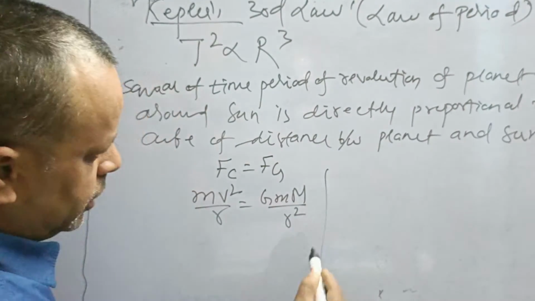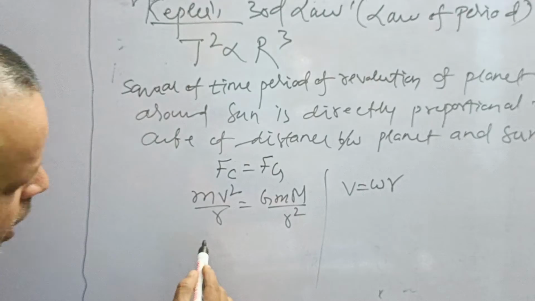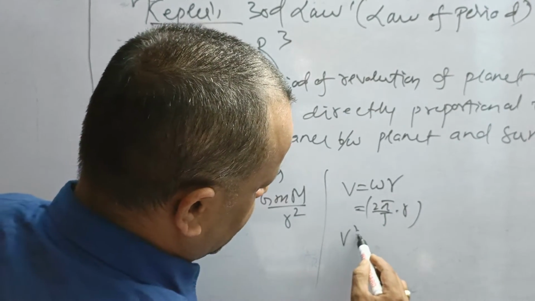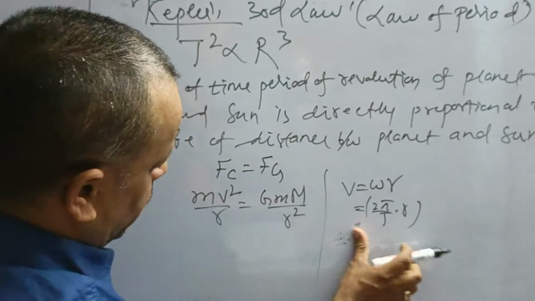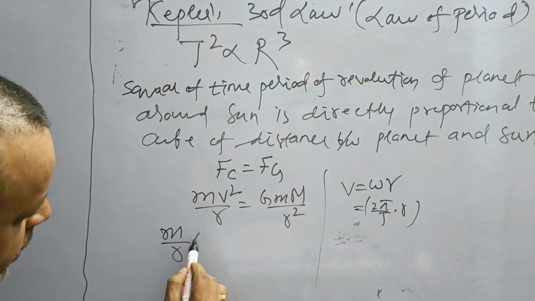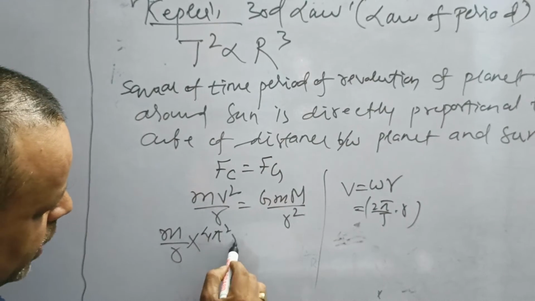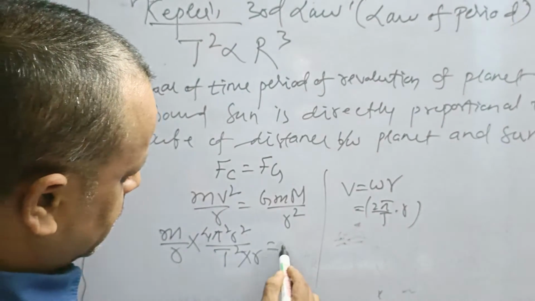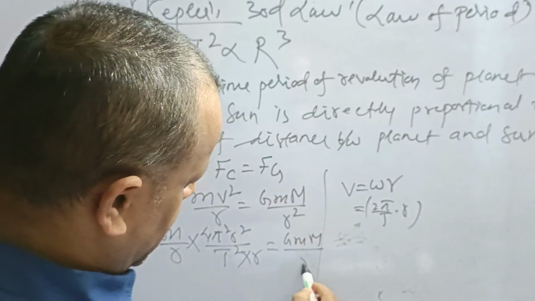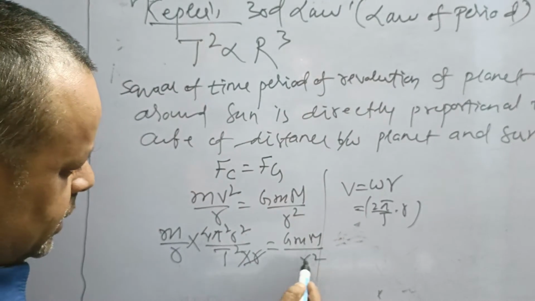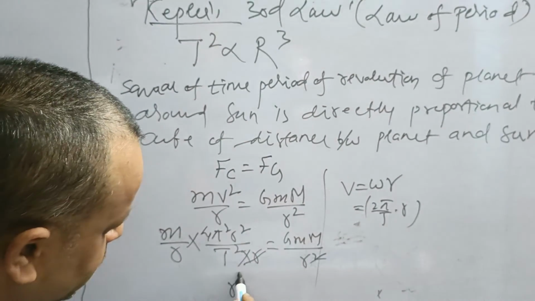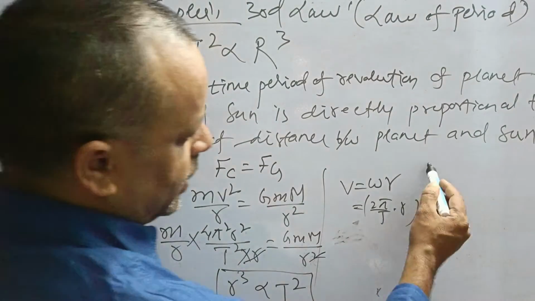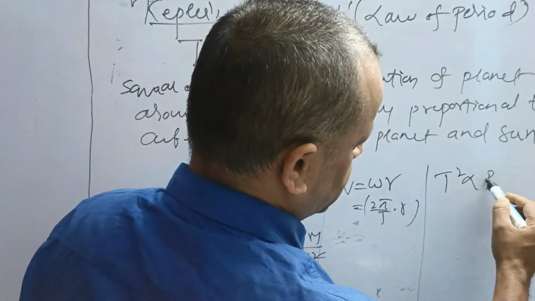We know the relation v is equal to omega r, and omega is equal to 2 pi by T. So this can be written as m r into 4 pi squared r squared upon T squared, equal to GMm upon r squared. This and this get cancelled out, and this gets multiplied and becomes r cubed, which equals T squared. So we are able to prove that T squared is directly proportional to r cubed.